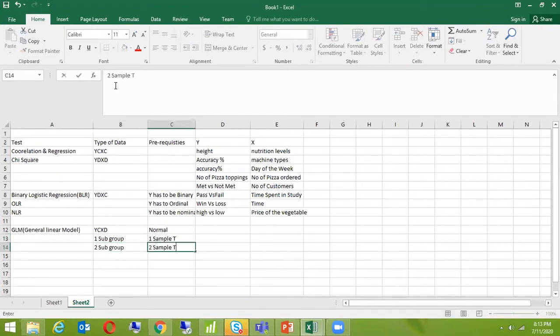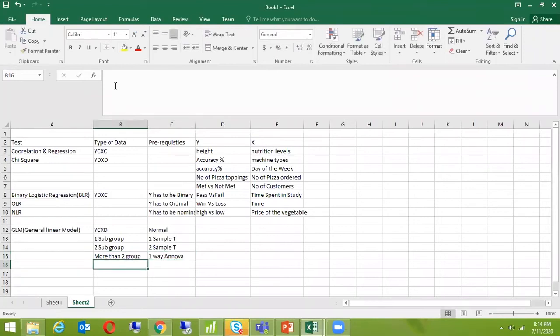I'll explain all these, and I will do a Minitab hands-on and explain it to you as well. So just writing it down. And if I have more than two subgroups, I will do a test called one-way ANOVA.